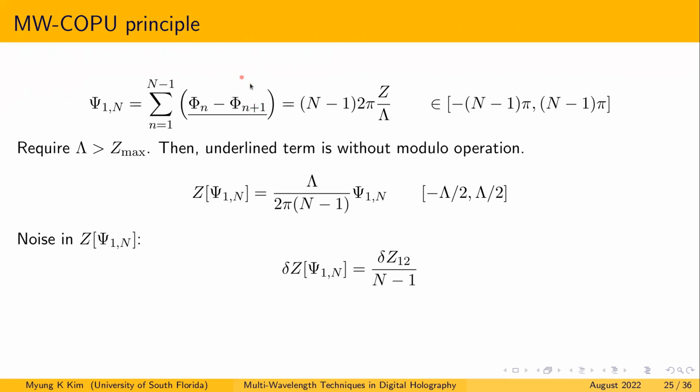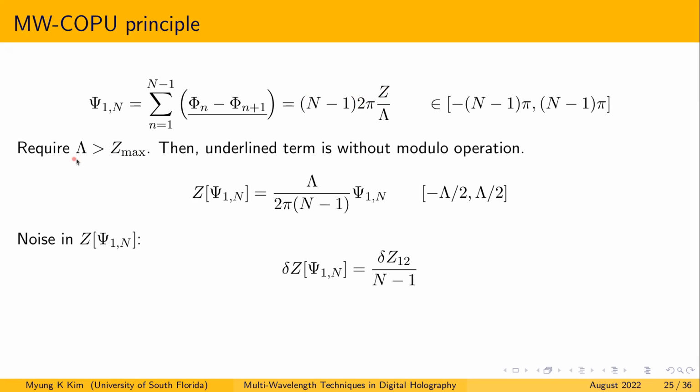Then the synthetic wavelength between these pairs is all equal to the same lambda 1, 2, denoted common lambda here. And the final phase profile is just n minus 1 times 2 pi z over lambda.